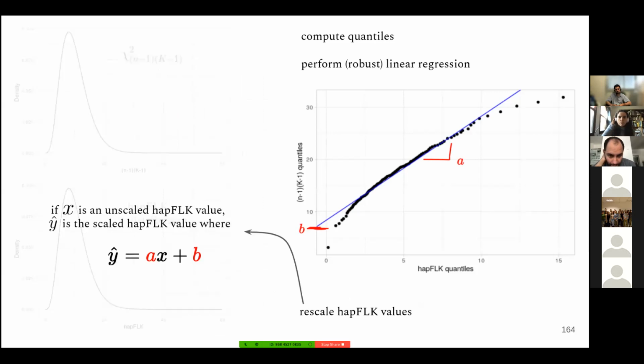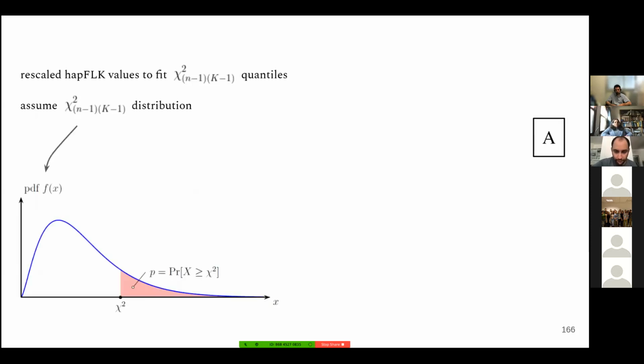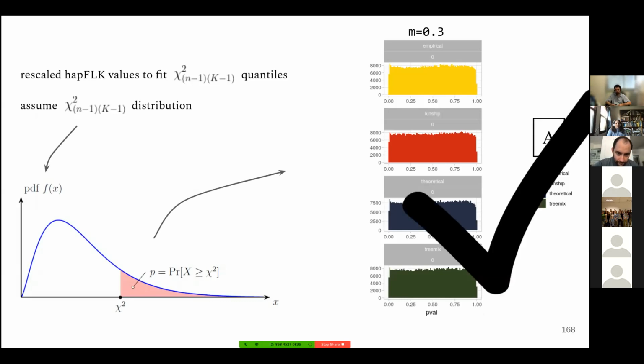Then the new rescaled values come from multiplying the old values with the regression slope and summing the intercept. So with these rescaled HFLK values, we assume a chi-square distribution with the given degrees of freedom and compute p-values. As we can see, we obtain p-values that are uniformly distributed under the null, which is good. This is what we would expect if the statistic behaves well.